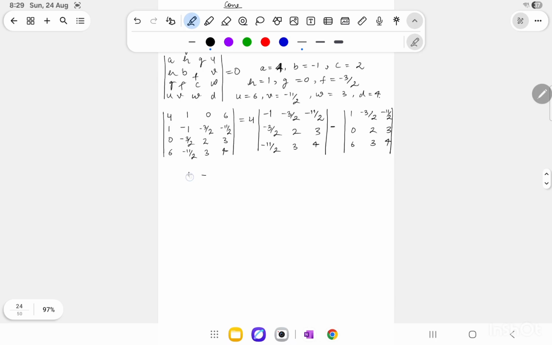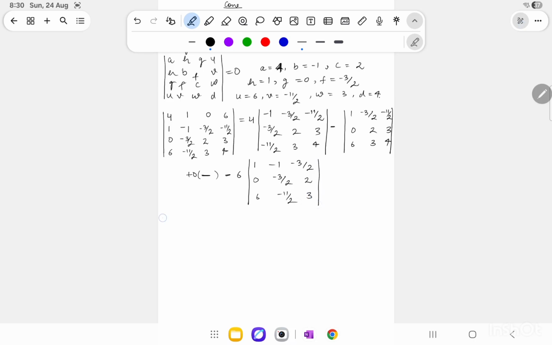Again plus 0 into the minor with respect to that, but that won't contribute, so we will not count it. Further it will be equal to minus 6 times the determinant of 1, minus 3 by 2; 0, minus 3 by 2; 2, 6, minus 11 by 2, 3.